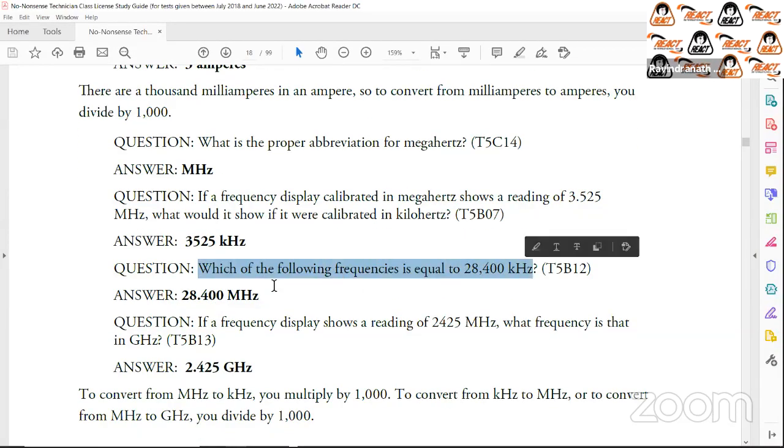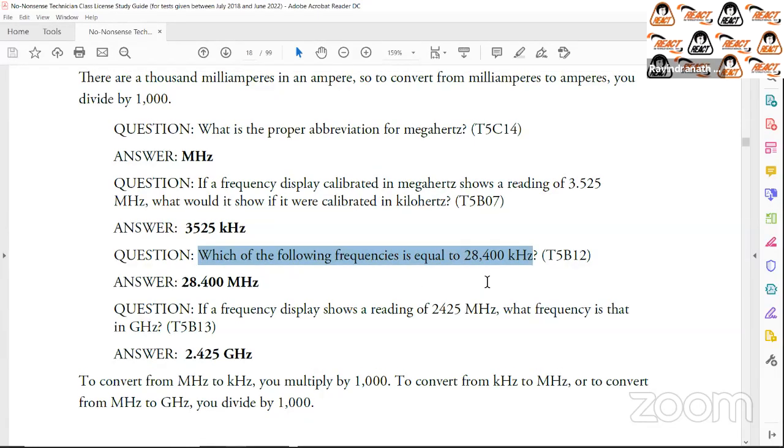Next question, which of the following frequencies is equal to 28,400 kilohertz? Now they will give you a table showing you all sorts of variations of this number. They will try to trick you. But it just so happens that the correct answer is looking for megahertz. So how do we convert kilohertz to megahertz?